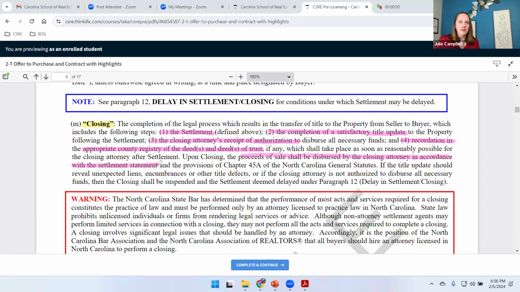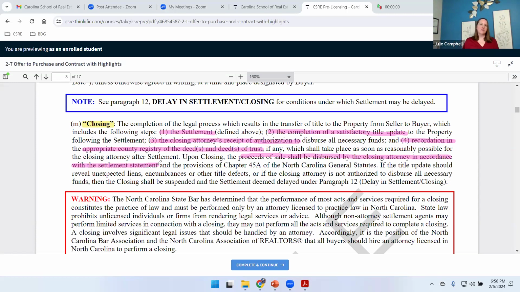Nobody gets paid, and that includes me and you, until it closes, until that deed is recorded. The seller doesn't get paid, agents don't get paid, lender, attorney, nobody gets paid until it closes.